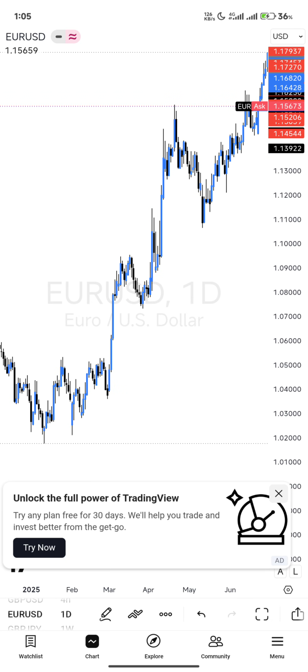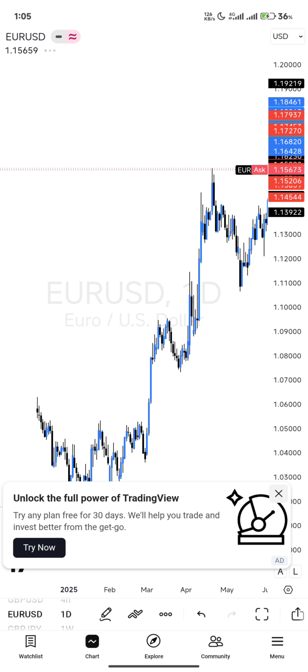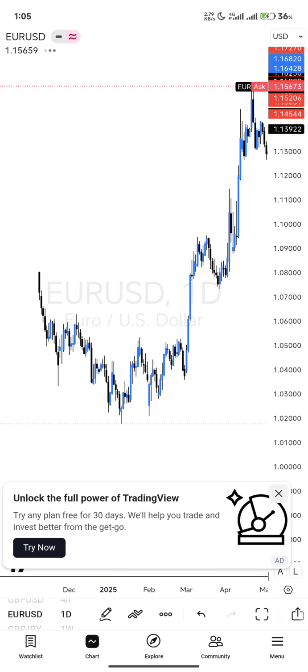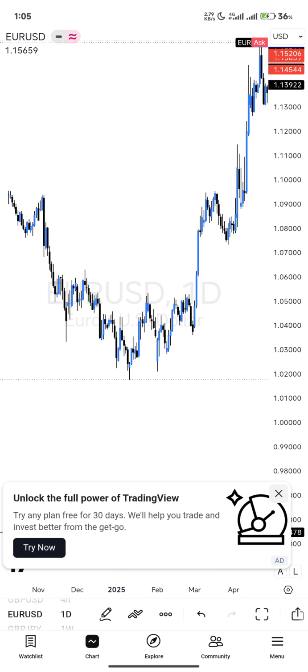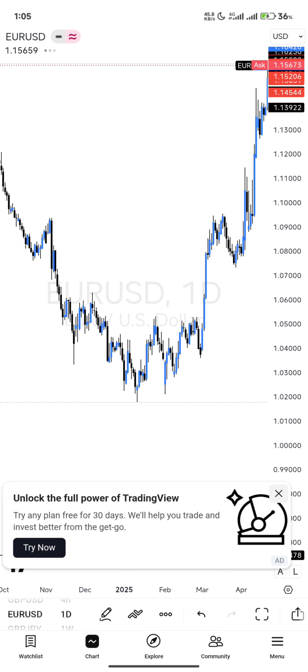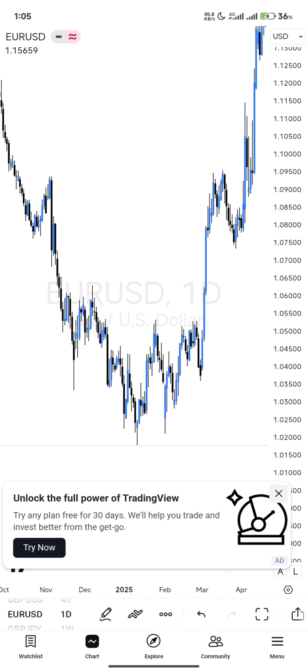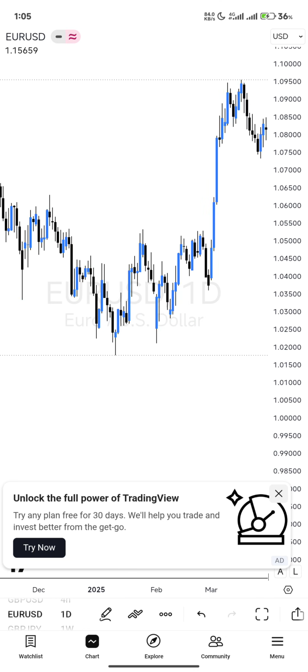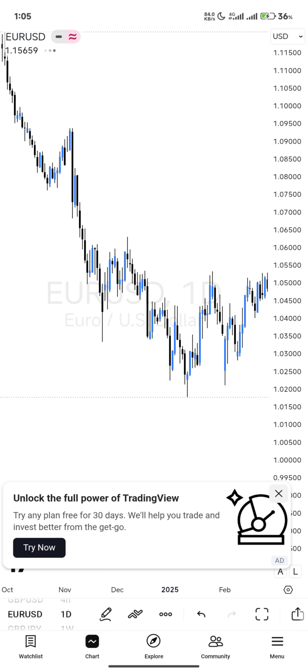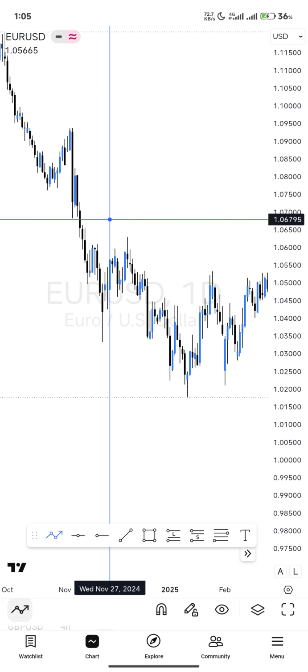All right, so here we have the daily time frame on Euro USD, and clearly here you can see we had a shift in the structure of the market from here. So the market has been in a downtrend, as you can clearly see from the charts.